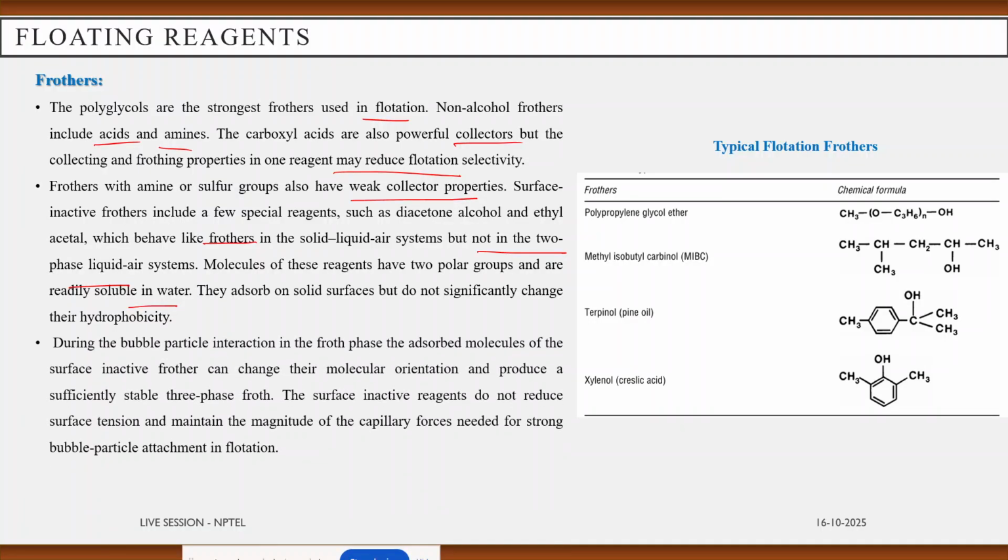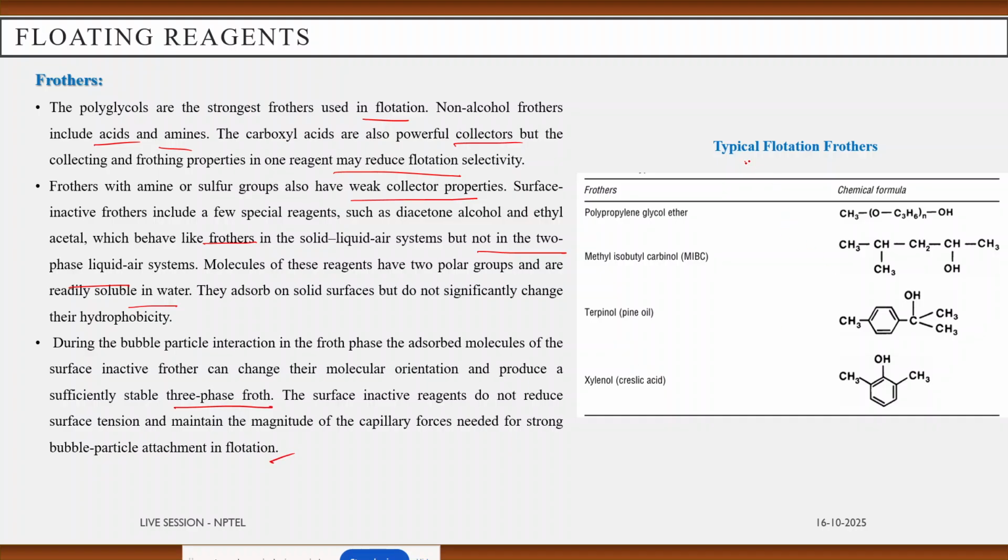During the bubble particle interaction in the froth phase, the adsorbed molecules of the surface inactive frother can change their molecular orientation and produce a sufficiently stable three-phase froth. The surface inactive reagents do not reduce the surface tension, and they maintain the magnitude of the capillary forces needed for strong bubble particle attachment in flotation.